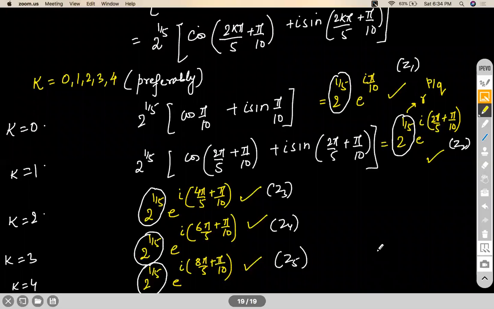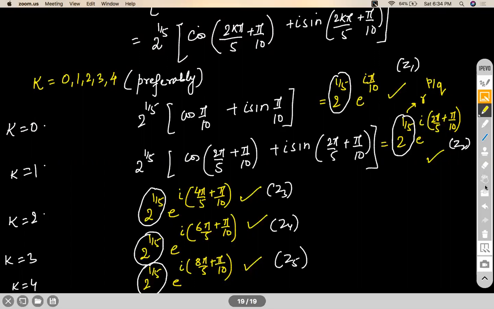So I'm trying to just observe what is happening from these answers. My first observation is these roots are located at a distance of r to the power of p by q, r being the modulus of the given complex number whose power you are trying to find out, and p by q is the given power itself.